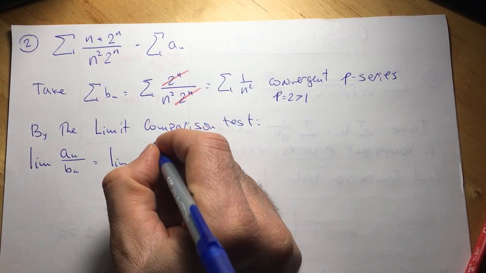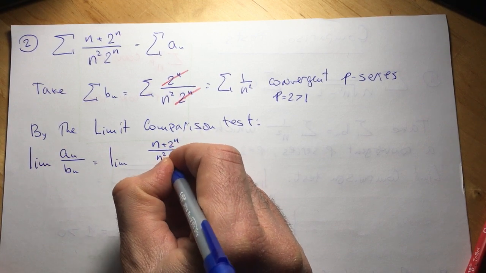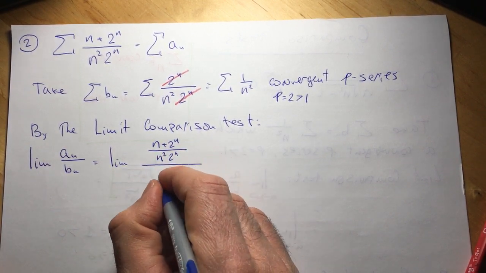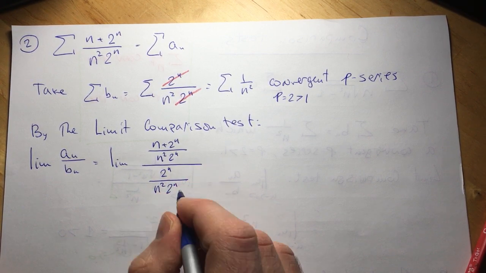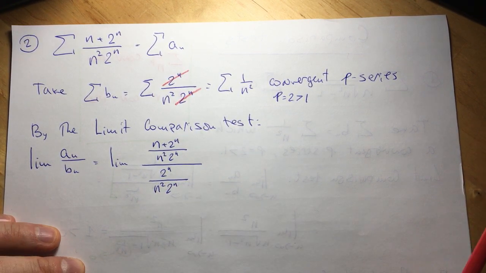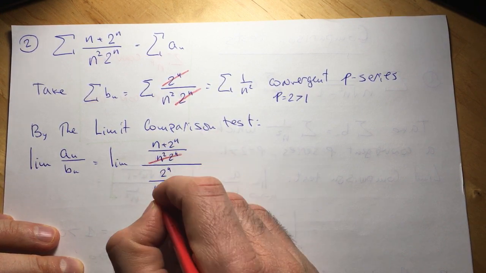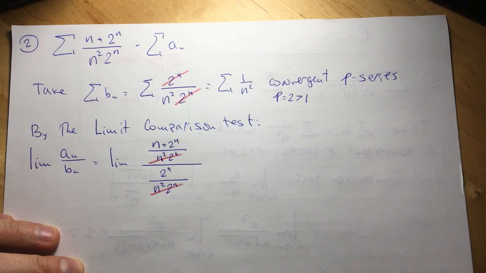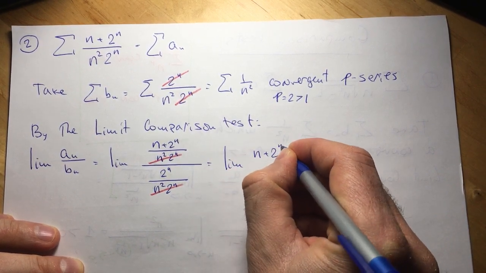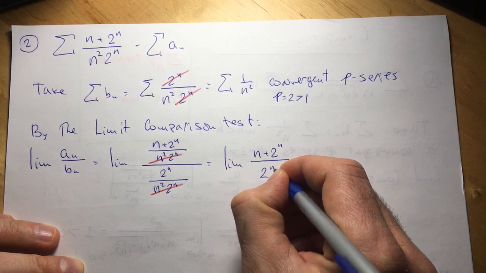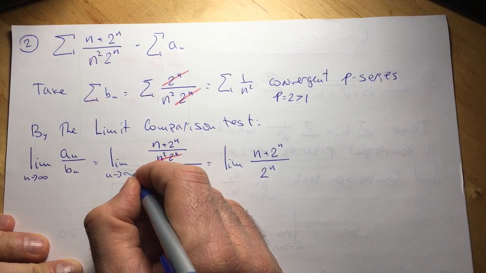That's the limit of n plus 2 to the power n over n squared times 2 to the power of n, over 2 to the power of n over n squared times 2 to the power of n. Now we can cancel these two terms, and that is the limit of n plus 2 to the power of n over 2 to the power of n, as n goes to infinity.